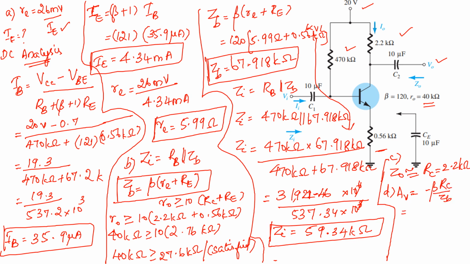So minus beta, which is 120, into RC, 2.2 kilo ohm, divided by ZB, which you have calculated as 67.918 kilo ohm. So after solving, you will be getting AV is equal to minus 3.887.